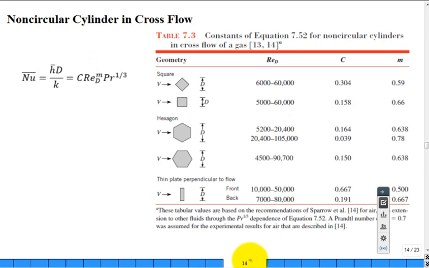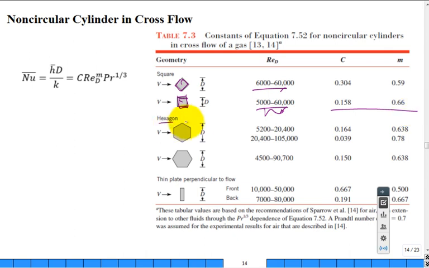What happens if I don't have a cylinder, a long object in cross flow, but I have a square long object in cross flow, and maybe it's oriented this way to help split the flow or not that way? Well, you just look at your calculation. There's a lot of correlations out there. If your Reynolds number falls in this range, here's a C and M that you can use.